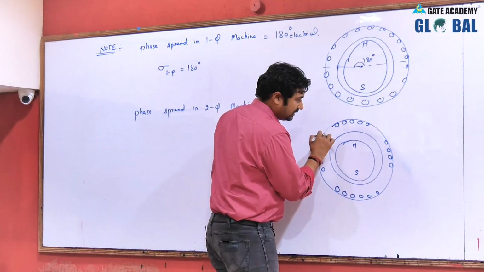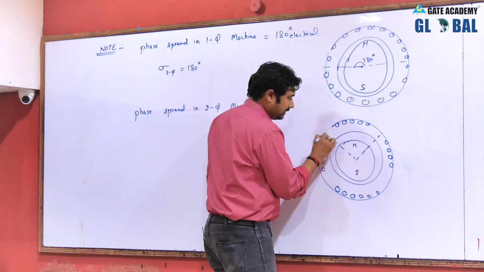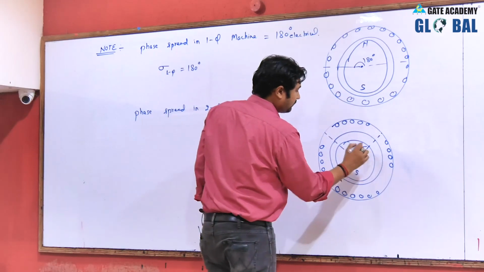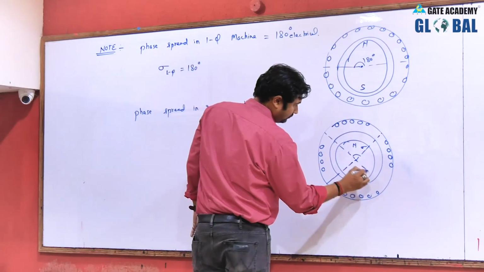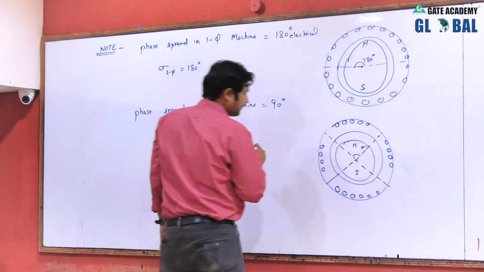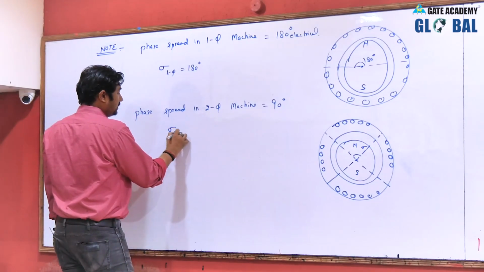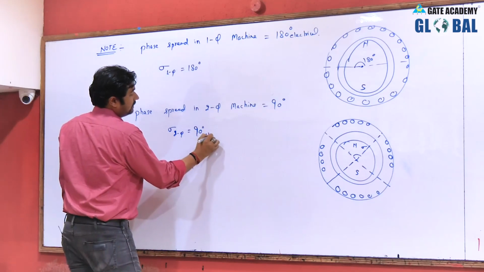So this is your 90 degree of phase spread. Is it okay? So in a two phase machine, phase spread is equal to 90 degree electrical.